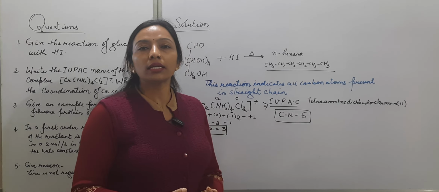But as much as is asked, we have to attempt like that. We can get 1 mark for the IUPAC name we write, and 1 mark when we write about its coordination number.